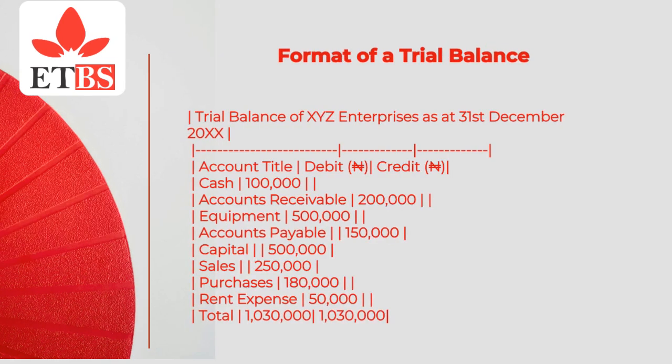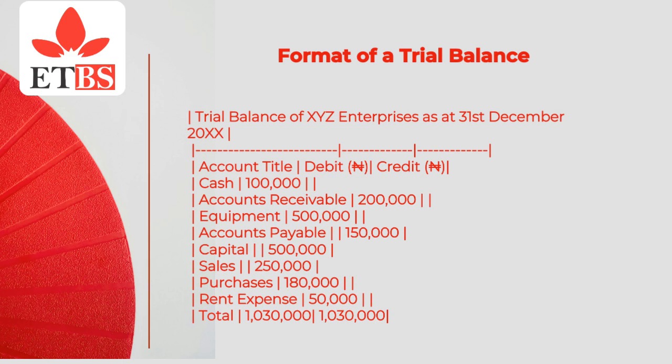Format of a trial balance: trial balance of XYZ Enterprises as at 31st December 2020. Account title, debit Naira, credit Naira: cash 100,000, accounts receivable 200,000, equipment 500,000, accounts payable 150,000, capital 500,000, sales 250,000, purchases 180,000, rent expense 50,000.